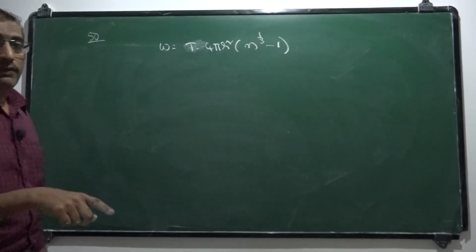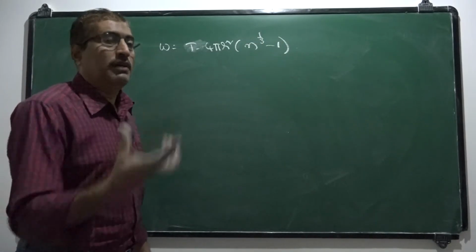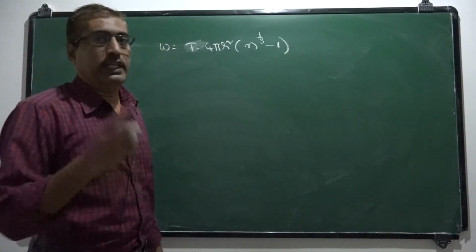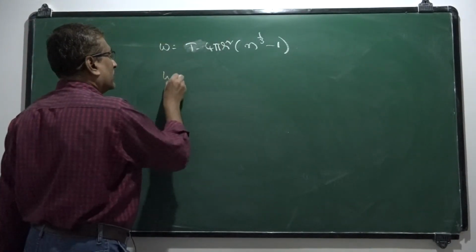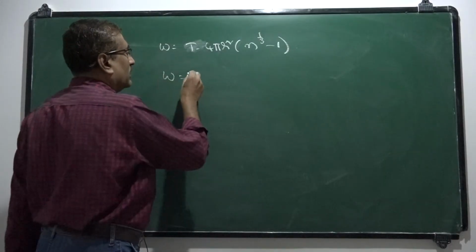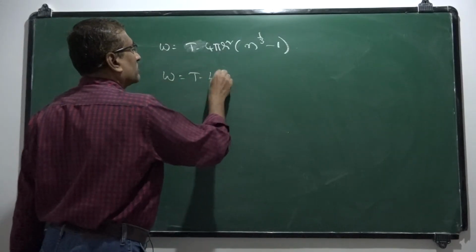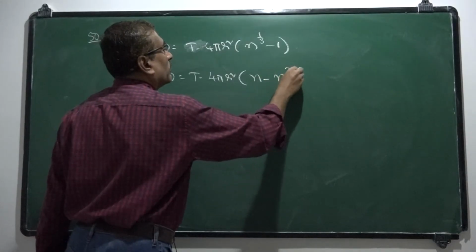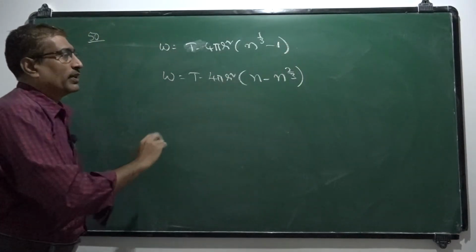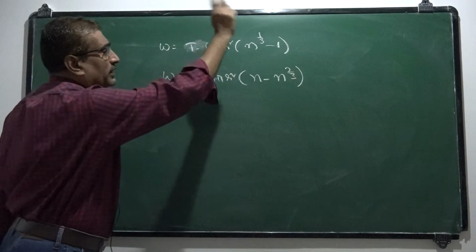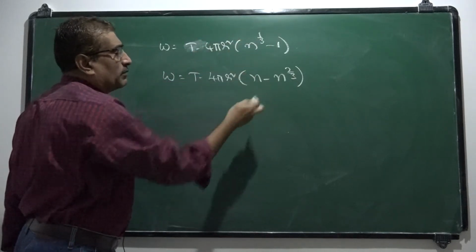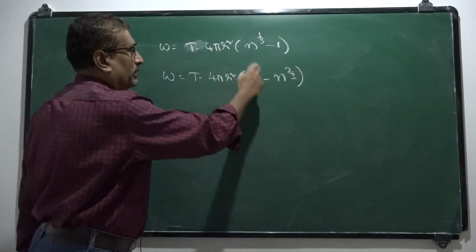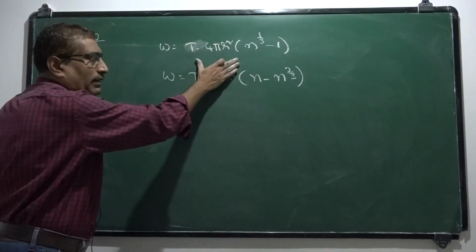Suppose small drops combine to form a big drop, in that case we have the relation for the case of drops, T into 4 pi r square into n minus n to the power 2 by 3. You have to remember these two. The first is when a big drop splits into small drops. The second is when small drops combine to form a big drop. This is the case of drops.